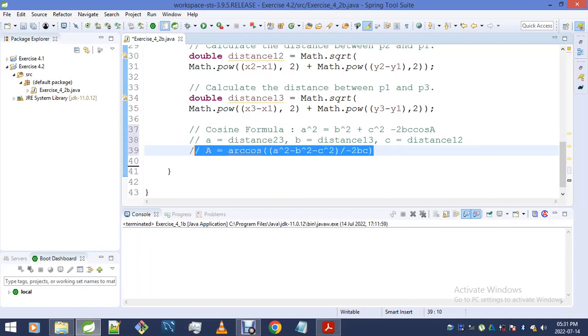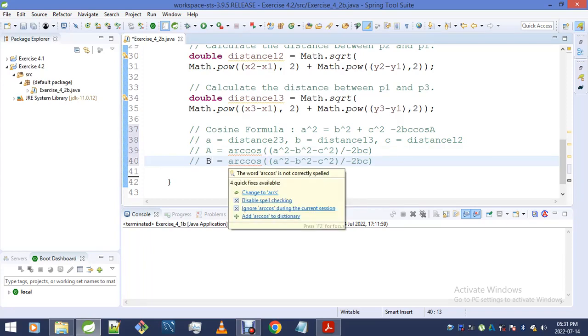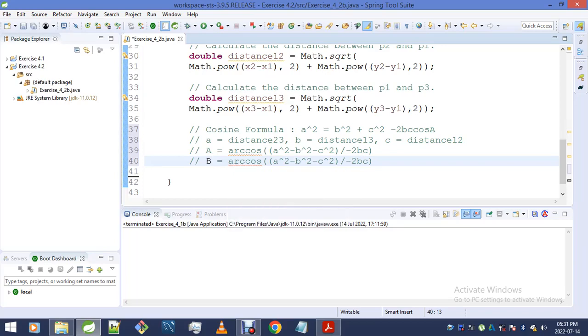Again, the idea is the same if you're looking for b, another angle, right? So you'll simply go, there's gonna be a little bit of a change, so it's gonna be b squared.